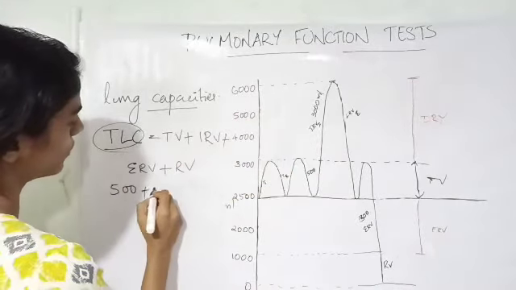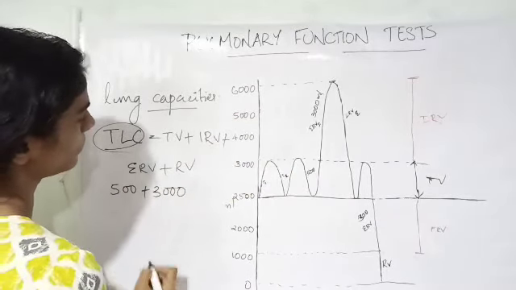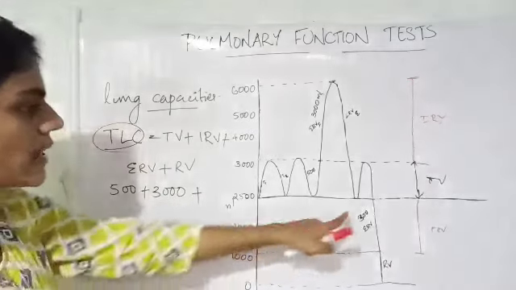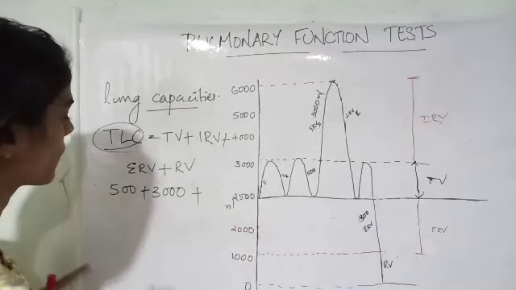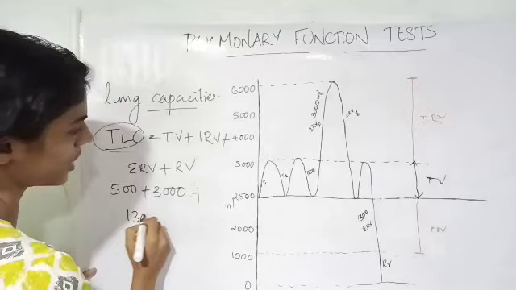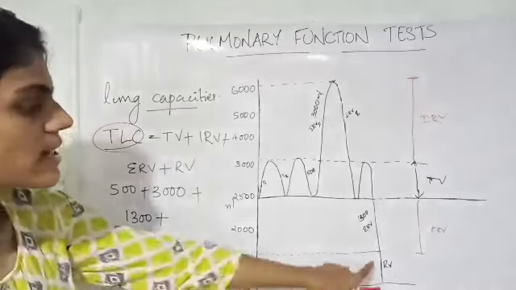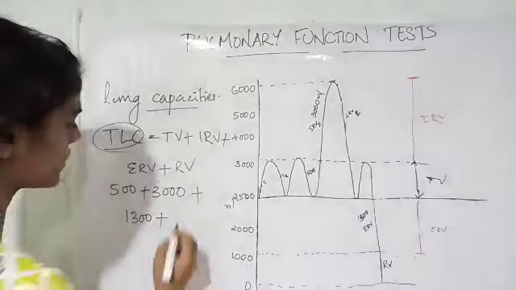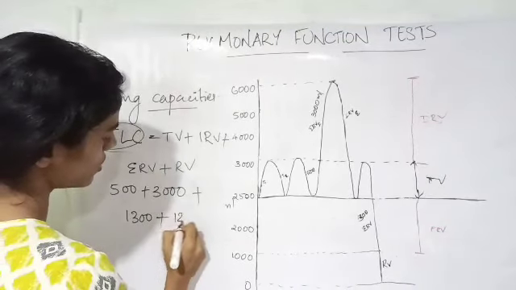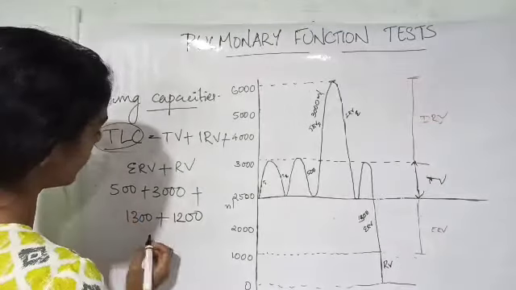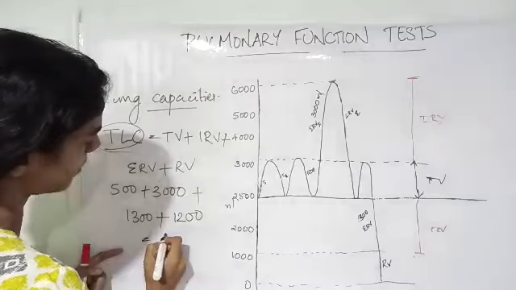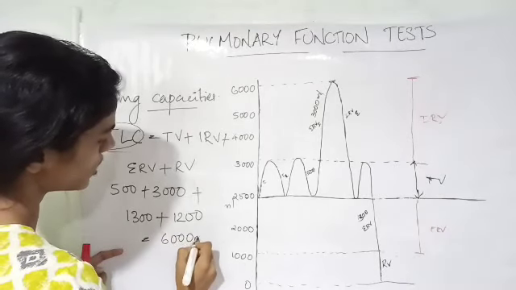It is 3,000. What is expiratory reserve volume? It is 1,300. What is residual volume? That is 1,200. So we get a total amount of 6,000 ml.